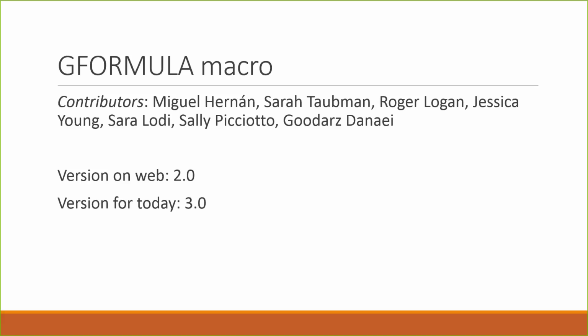The version that's on the web right now is version 2.0. The version I've shared with you via Dropbox, and the one we'll be illustrating today, is a new version, version 3.0. That should be up on the web in early April.